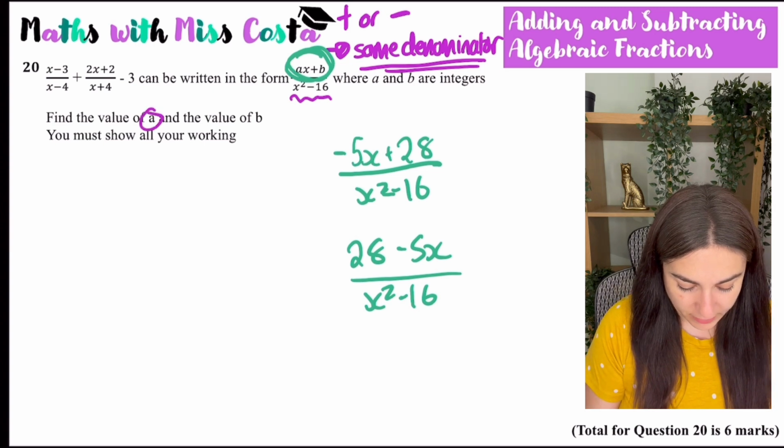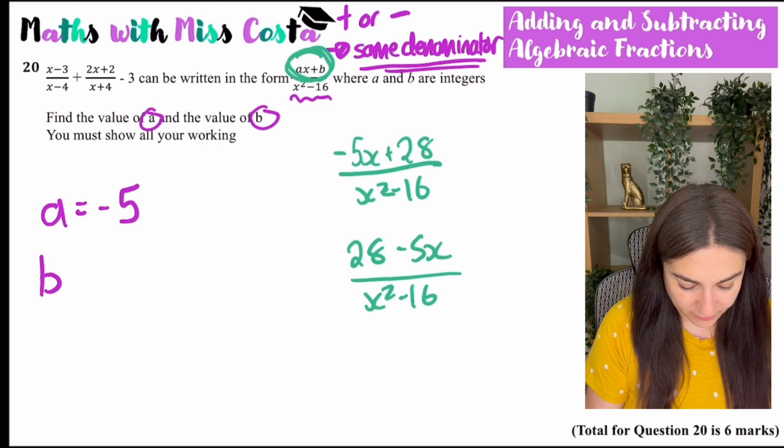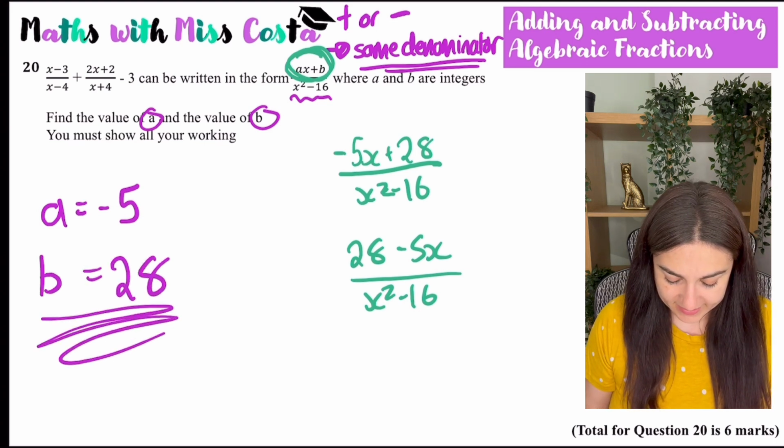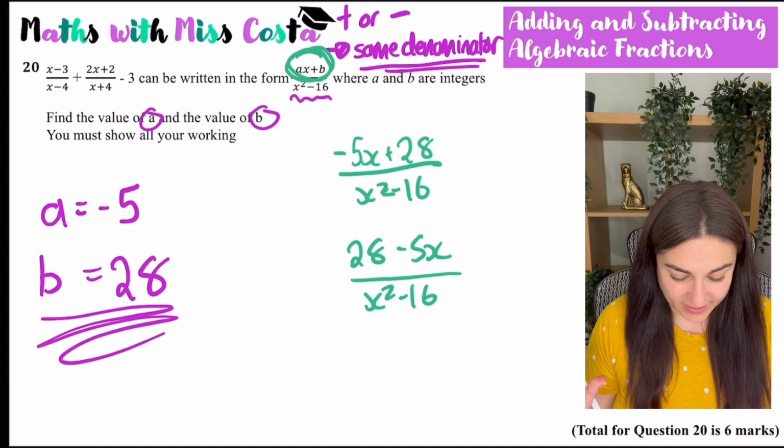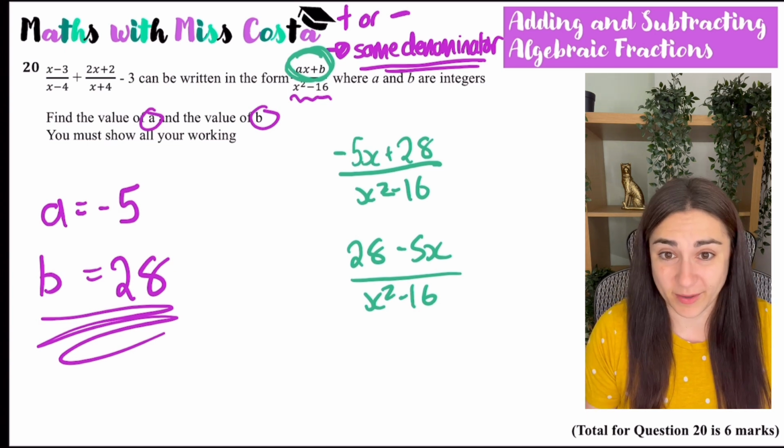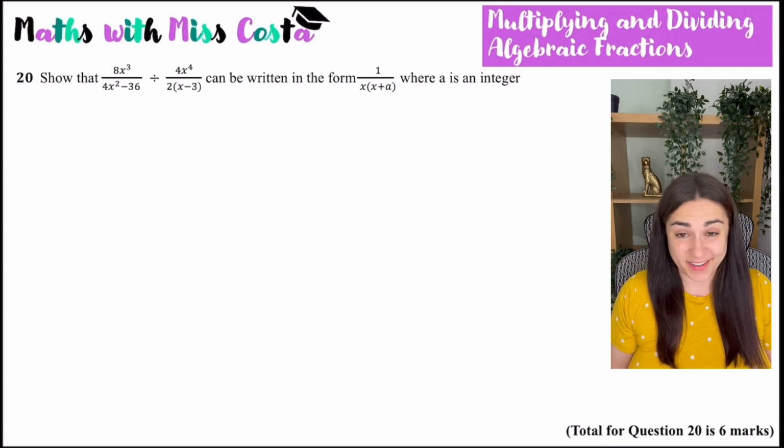And you need to find the value of a and the value of b. So the value of a is minus 5 and the value of b is 28. There is a possibility I may have slipped up somewhere, but I'm trying to get this done so it can be released in time. Okay, so the next up is another slightly tricky algebraic fraction one.